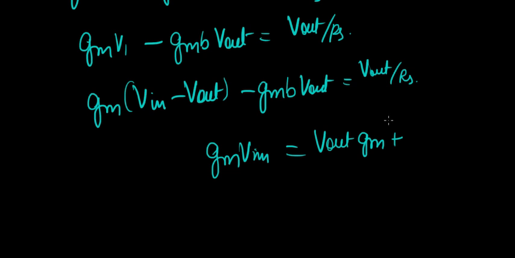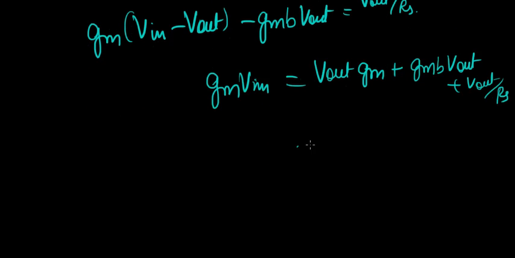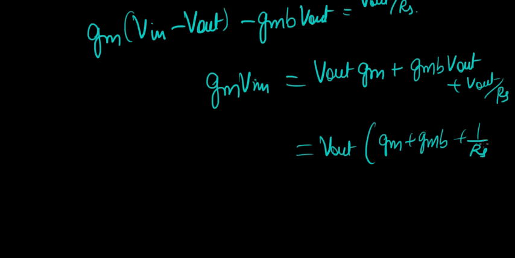V out times GM from here plus GMB V out plus V out over Rs. So if we factor V out out, we get GM plus GMB plus 1 over Rs, and here we have GM times V in.